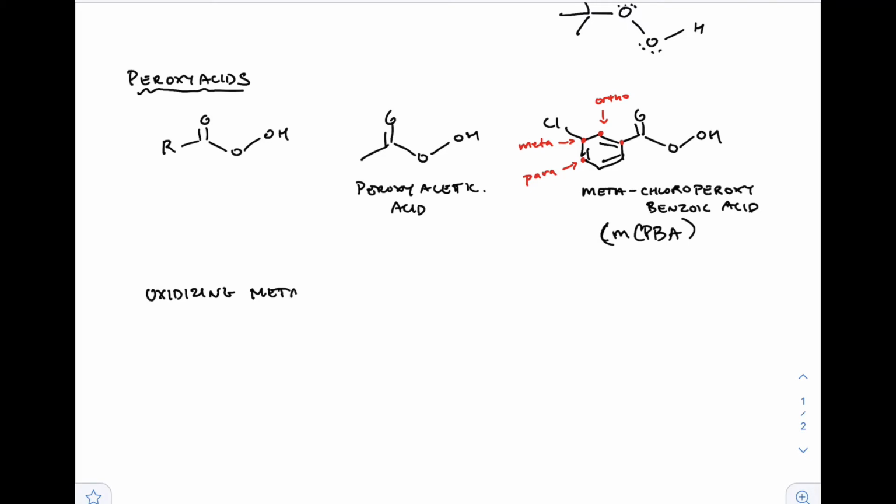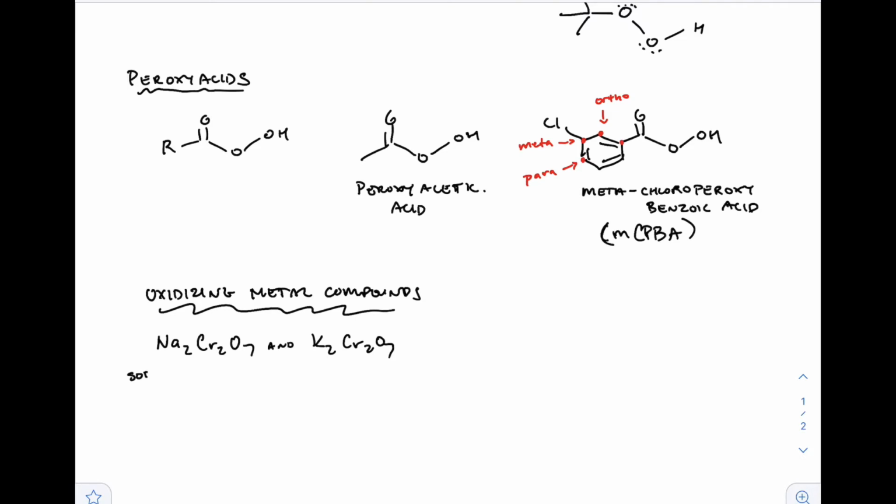All right, so there are a class of oxidizing metal compounds as well, and these, in my opinion, are very obvious that they do the job of oxidizing things. And so we have Na2Cr2O7 as well as the equivalent potassium salt.